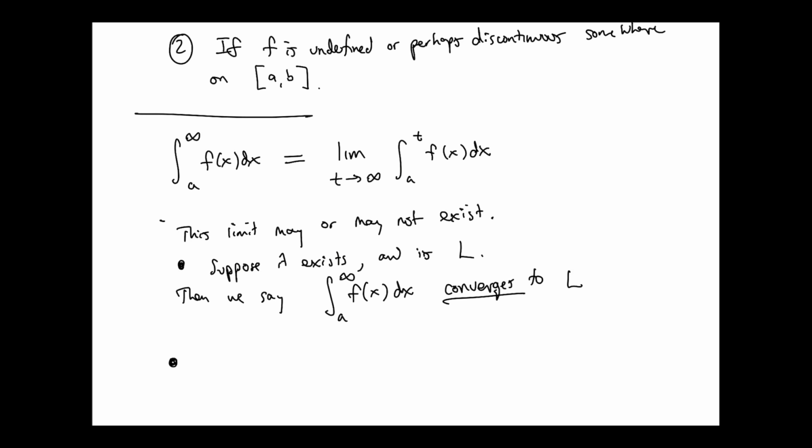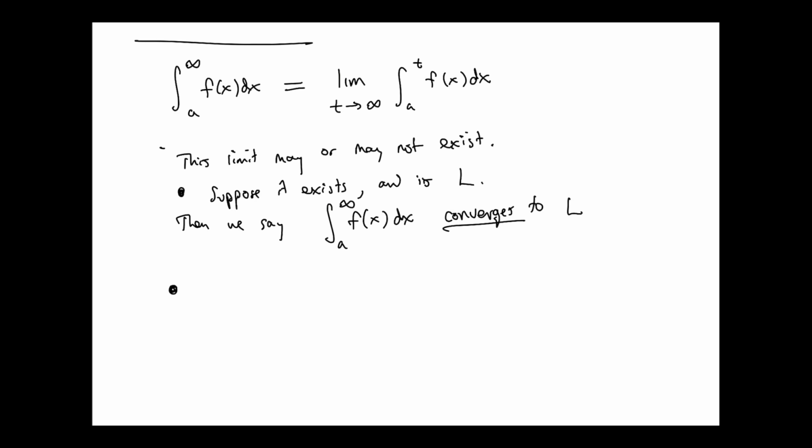So that limit could exist or it doesn't. And if the limit doesn't exist, then we say that the original integral diverges, or fails to converge.